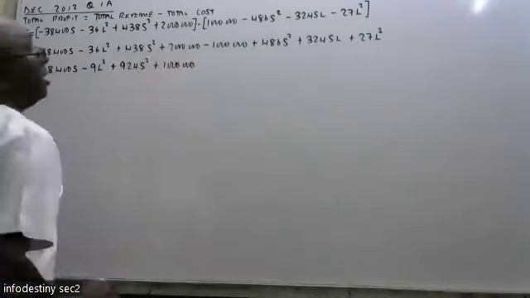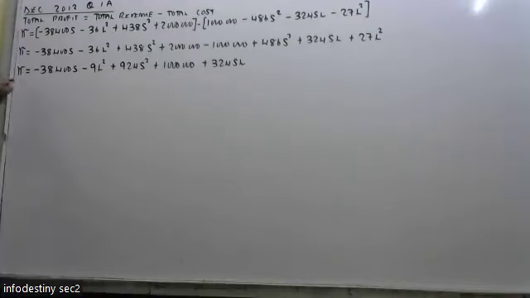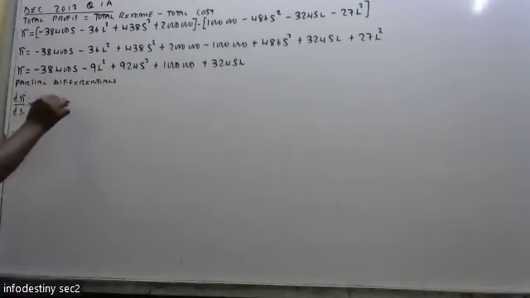So if that is true, this is a case of partial differentials. You remember what we called partial differentials. So the differential of pi with respect to S: this one becomes minus 38,400.